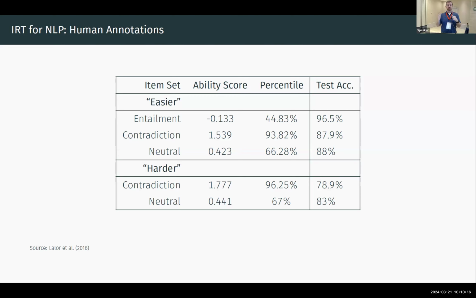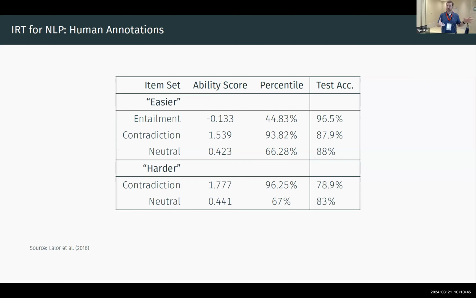SNLI is a decent sized dataset, but for a subset, instead of just getting 1 or 2 or 3 annotators, they got 5 annotators as a quality control check. And there was some variation in those checks. In some cases, 5 out of 5 annotators agreed. We considered those easier, as a bucket. And in some cases, only 4 out of the 5 annotators agreed. So we considered those harder. In the original paper, I think they discarded anything with lower than 4 out of 5 annotator agreement on the quality check, but those were also very rare.